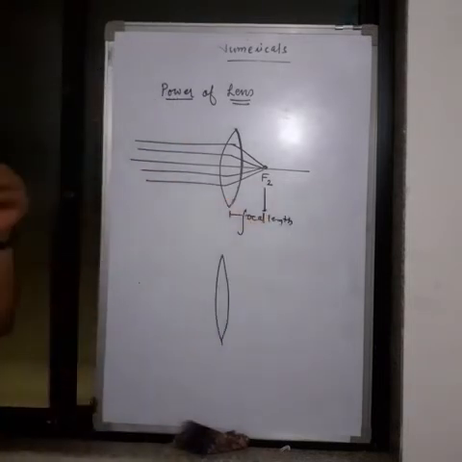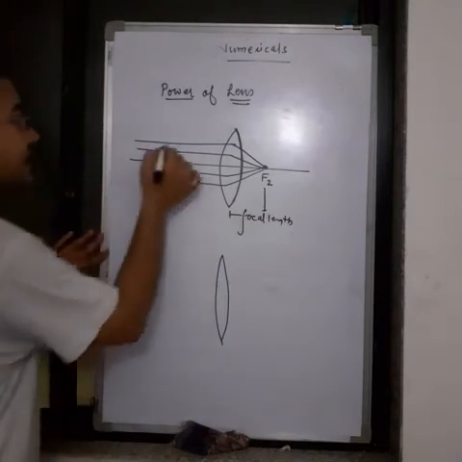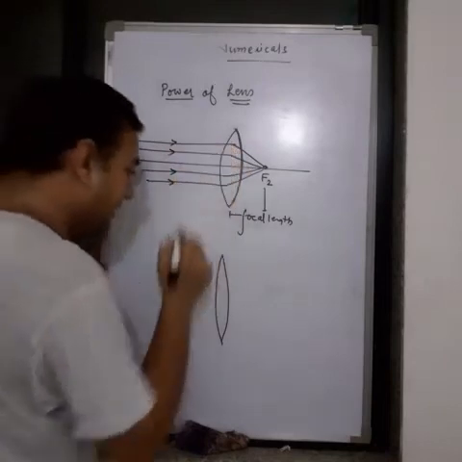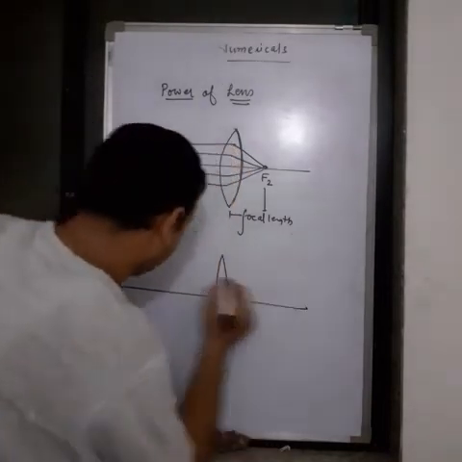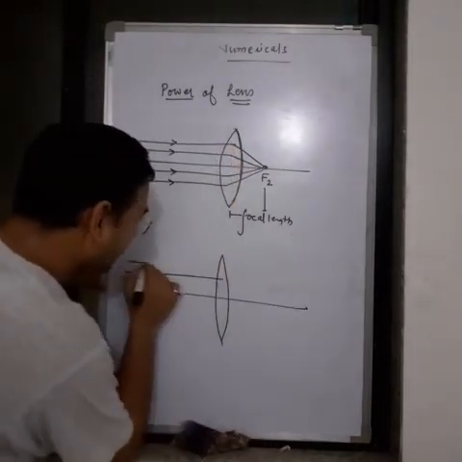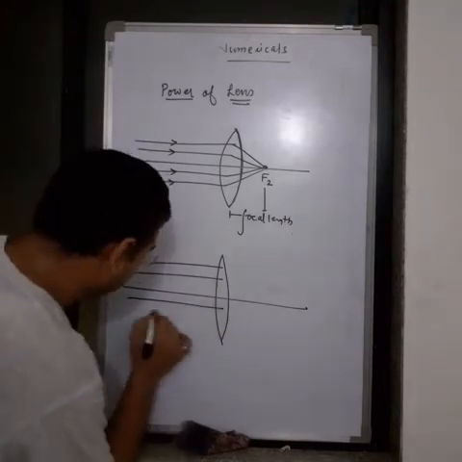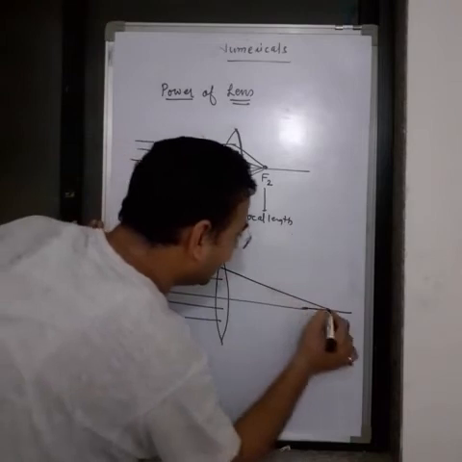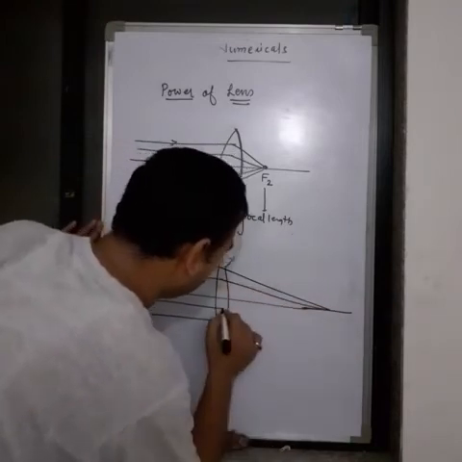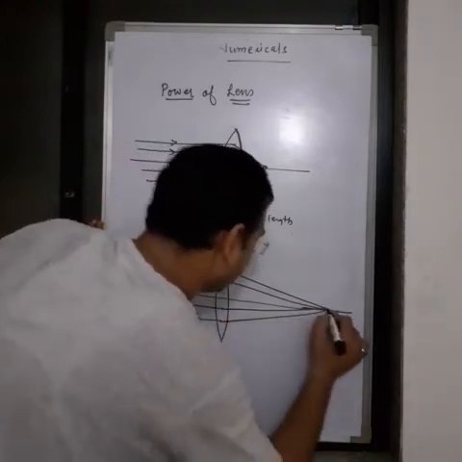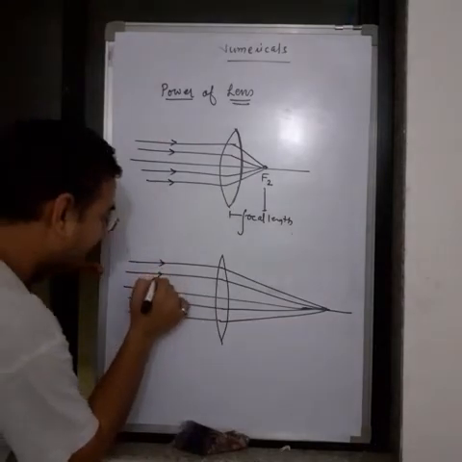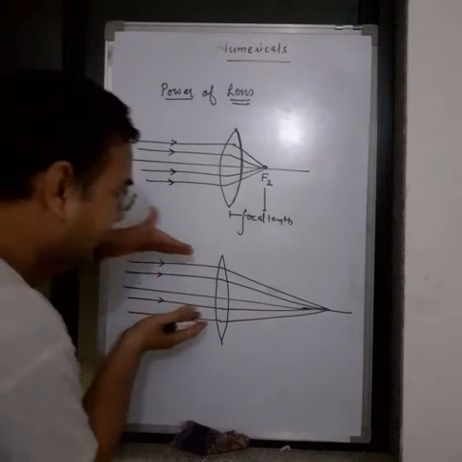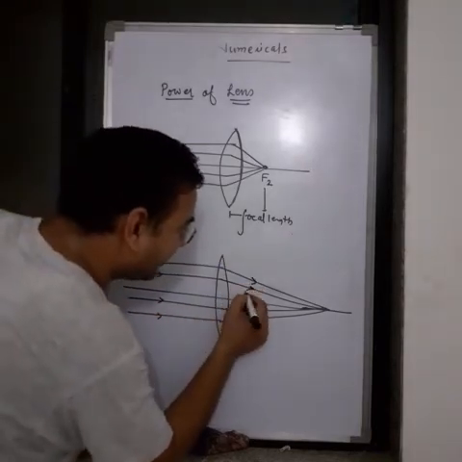When we consider this other case, the rays will come like this and they all concentrate here, because here the thickness of the lens is thin. Due to that reason, it will be concentrated very far.